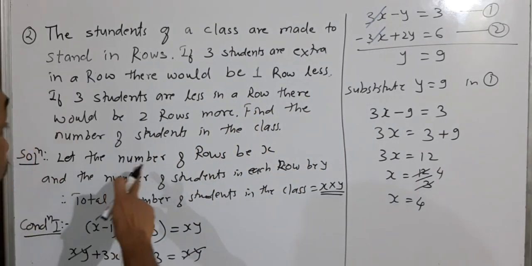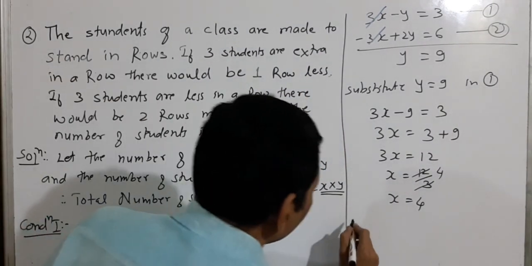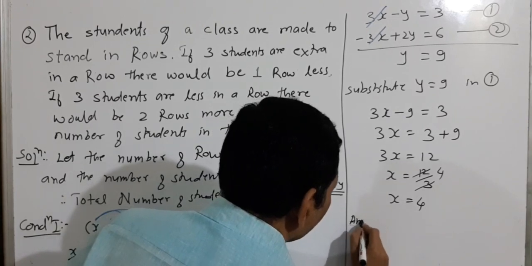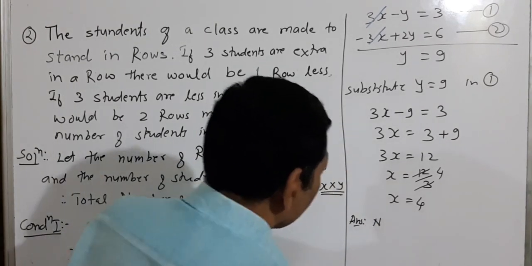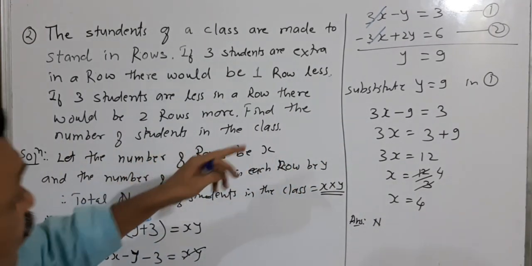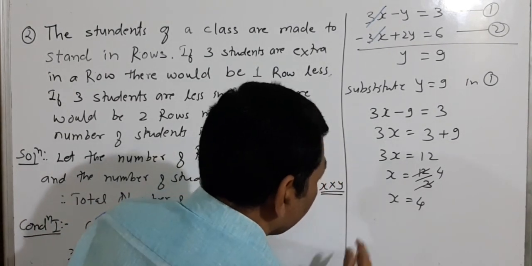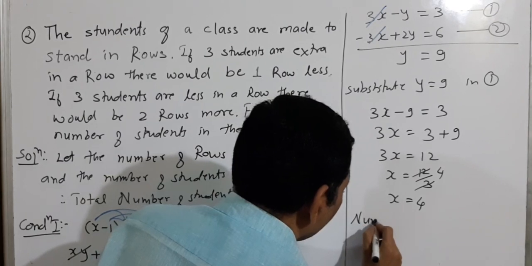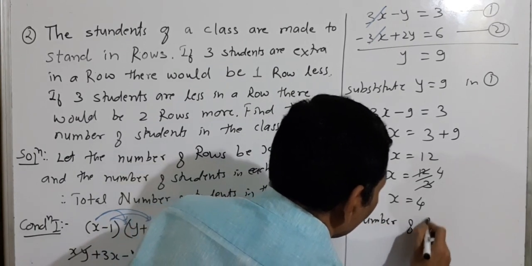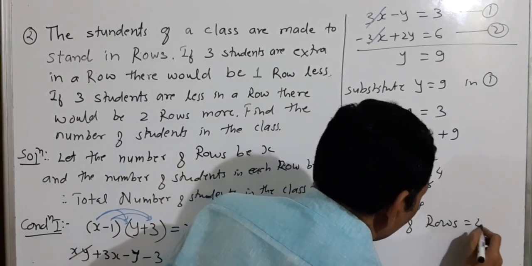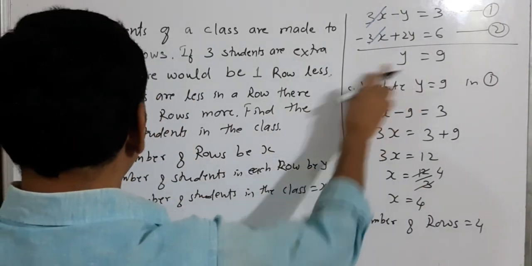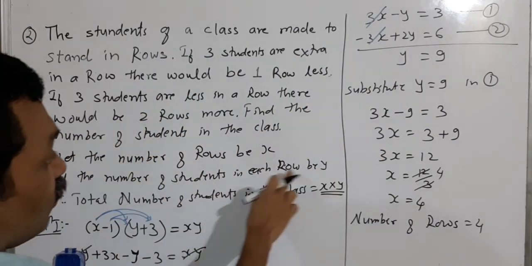So what is the x? Number of rows. I think we have to write just the answer, number of students. So I'll just write here number of rows, that is not our answer, but I am writing number of rows is equal to 4 and number of students in each row is y.